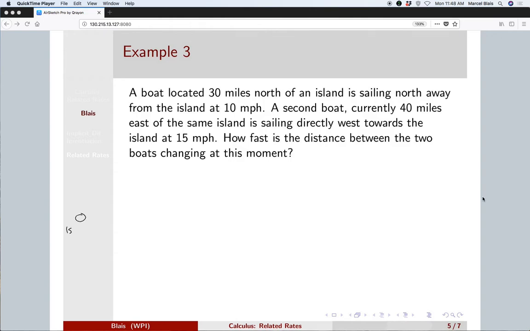So we'll have our island. Then we have boat 1. Boat 1 is 30 miles north of the island. And then we have boat 2, 40 miles east of the island.